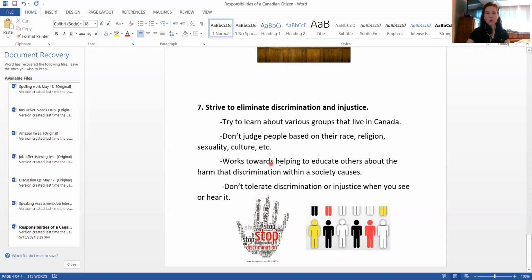We should work towards helping to educate others in the community about the harm that discrimination does within a society. And we should not tolerate discrimination or injustice when we see it or hear it.